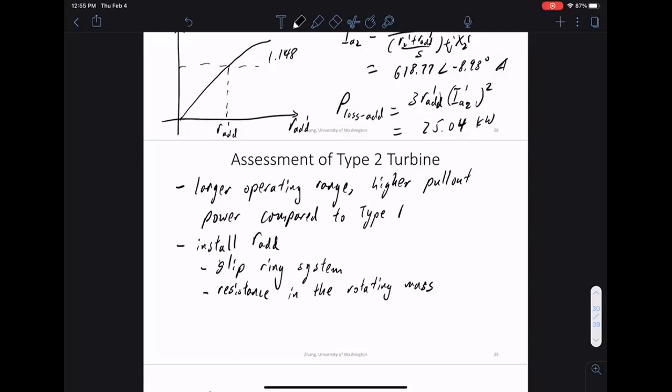We build the resistance inside the rotating mass to not have wires running around, but now how do I tell the switch to change the duty cycle? Any ideas? How do I communicate to the switches?